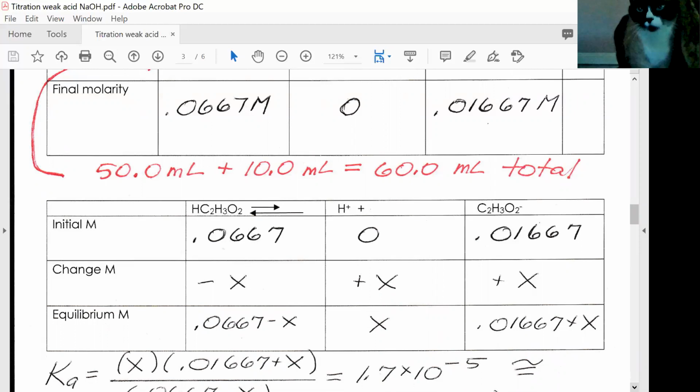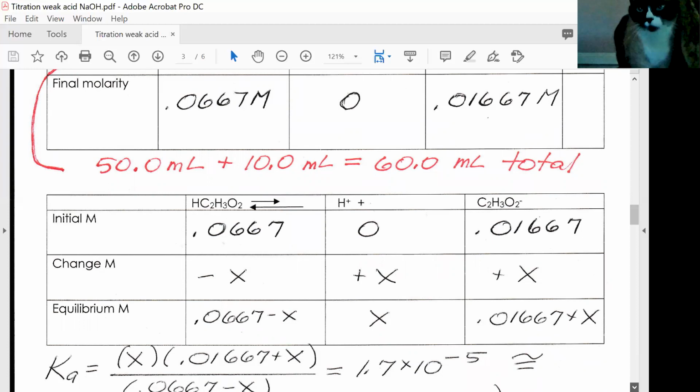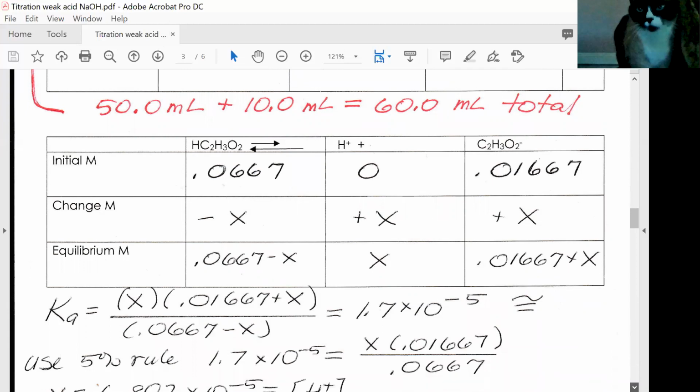So now you're going to do your change, minus x, plus x, plus x, and fill in your equilibrium row. So why don't you do that right now? So now we're using acetic acid.